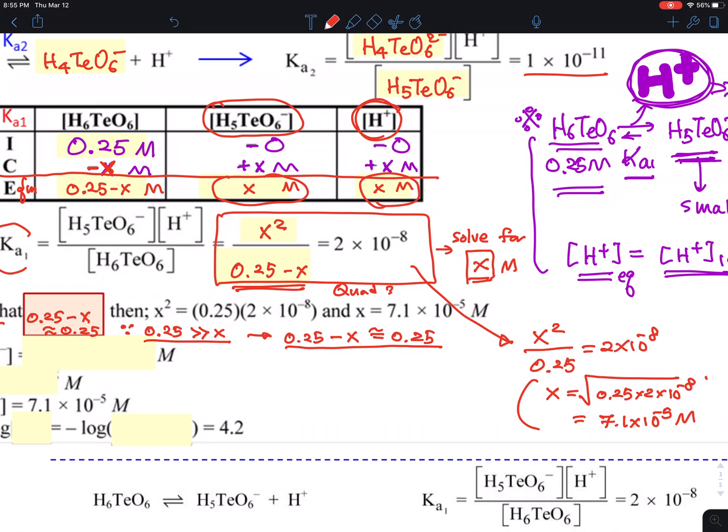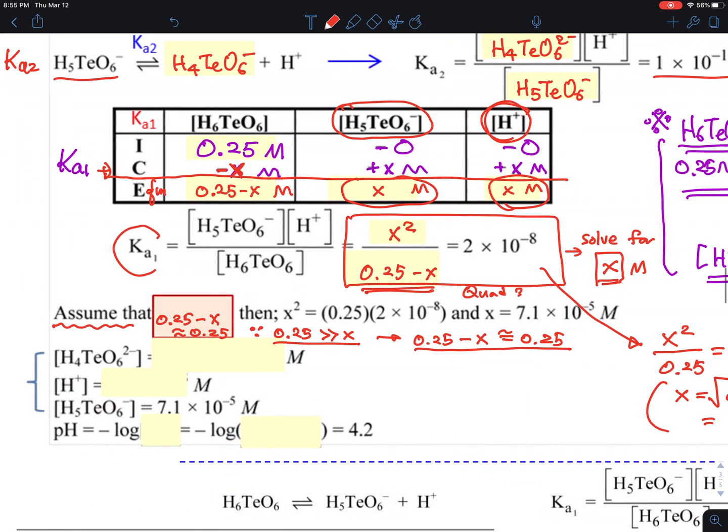So we just solve it for X, and that X has a physical meaning, as you can see from here. So the easier answer is this: the H+ concentration, which is X, right? Which is 7.1 times 10 to the minus 5, and this happens to be the same as established in the relationship shown on the table here.